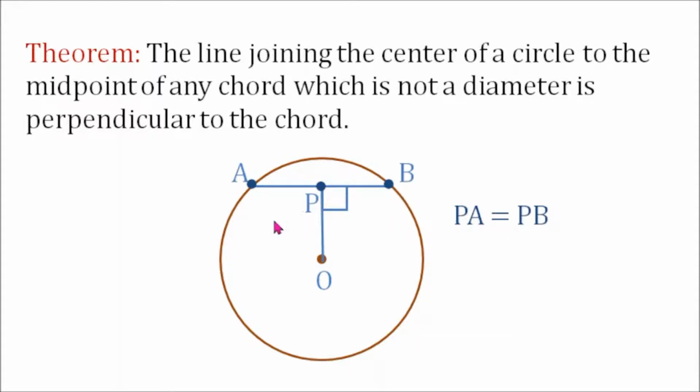Since PA equals PB, we can say that line segment OP is perpendicular to line segment AB.